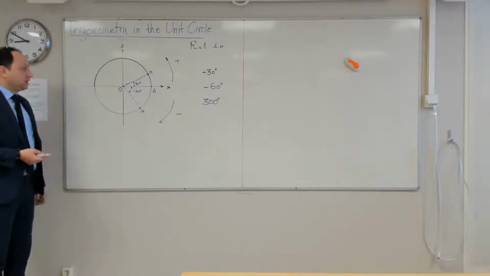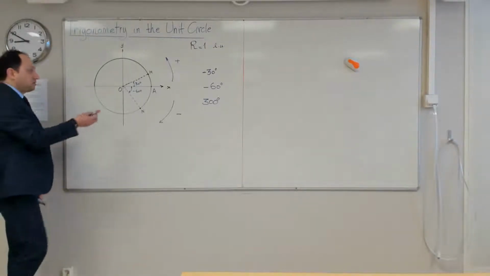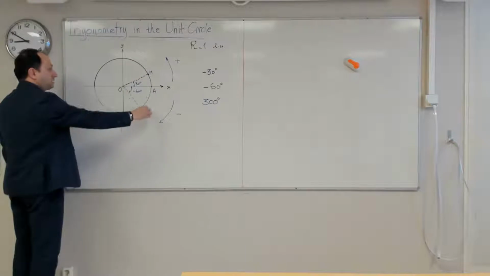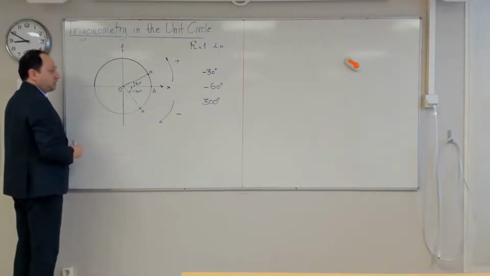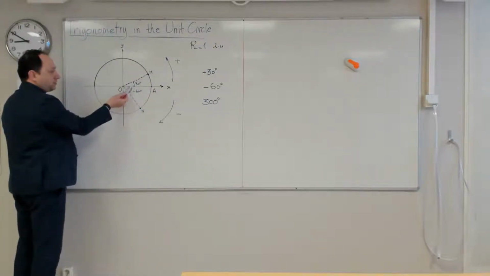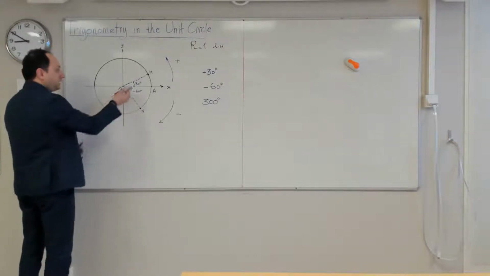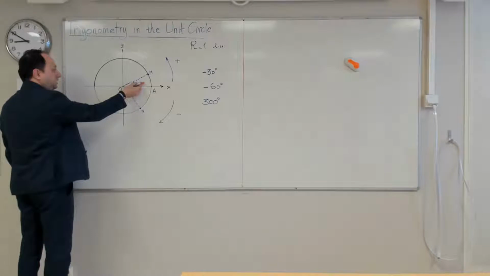Three hundred degrees. I start from here and I will rotate 300 degrees. You know that the full circle is 360 degrees, and the measure of this part is 60 degrees. So hopefully it will be clear for you. If I start from here, when I rotate up to here, it is 90 degrees.